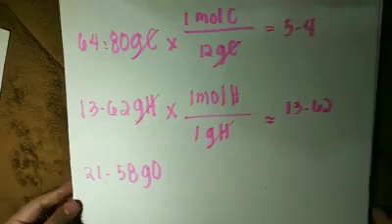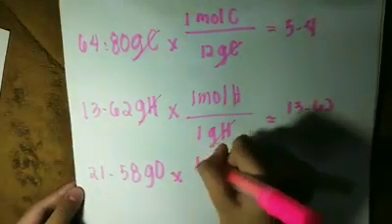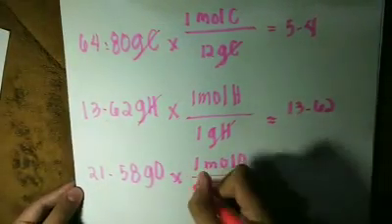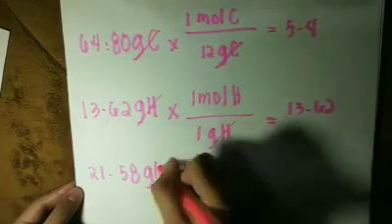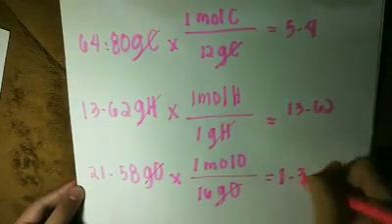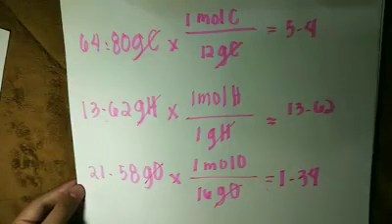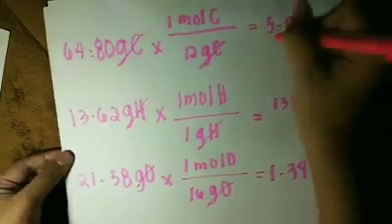Lastly, 21.58 grams of oxygen multiplied by 1 mole oxygen over 16 grams of oxygen. Cancel out, is equals to 1.34. Since 1.34 is the smallest number of mole calculated, that's what we're going to use for division.